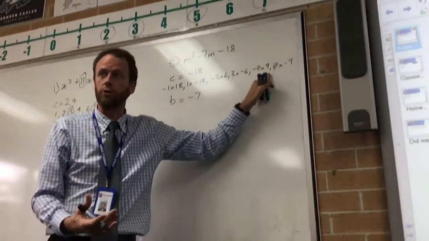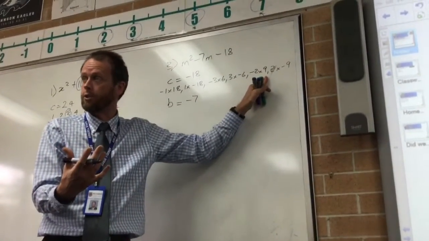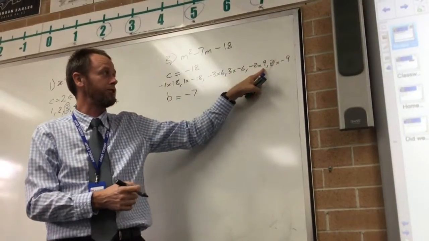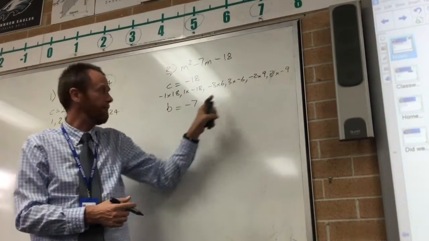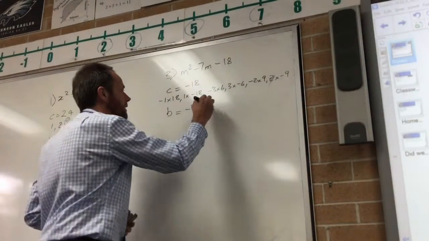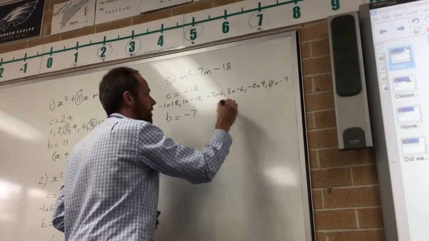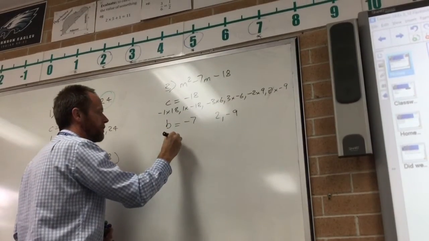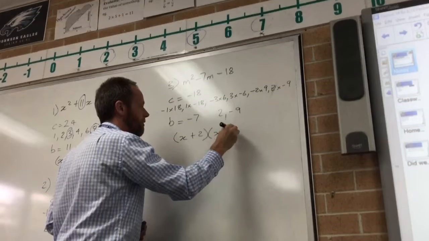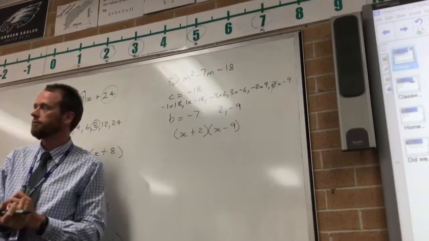So I'm left with these two. Hopefully it becomes a quicker process of elimination. If I do minus 2 plus 9, I end up at positive 7, not negative 7. So it's got to be this last one of 2 and minus 9. So I've worked that out. m plus 2, m minus 9.